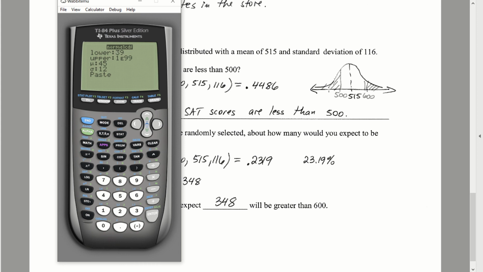It goes all the way to the left, so the lower bound would be negative infinity, negative 1E99. The upper bound would be 500. For this data set, the mean was 515 with the average math SAT score with a standard deviation of 116. You can go ahead and hit paste and hit enter.